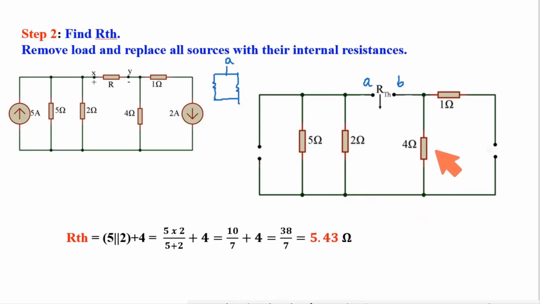From this point another resistance is 4. So this is 4, this is 5, this is 2, and ultimately this is the point B. So it is clear that 5 and 2 are in parallel and 4 is in series with that. Ultimately I got 5.43 ohm RTH.